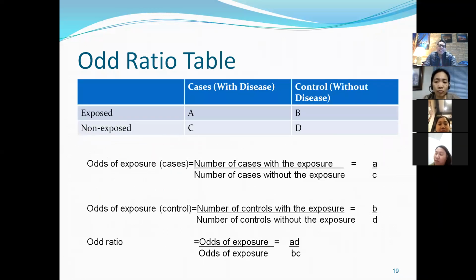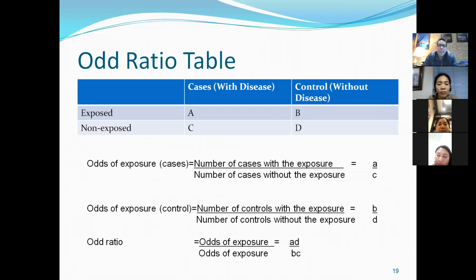So here is the way we look at an odds ratio table. It's really a 2x2 table. In your left column, the first row is the exposed, and the second row is the non-exposed.